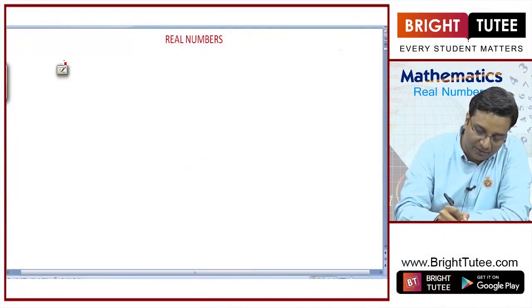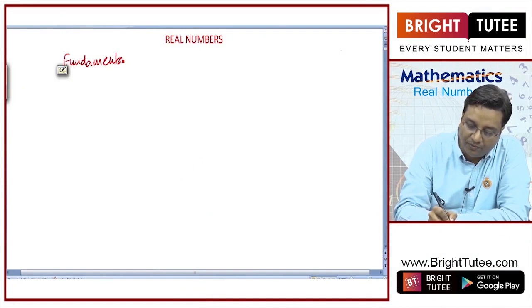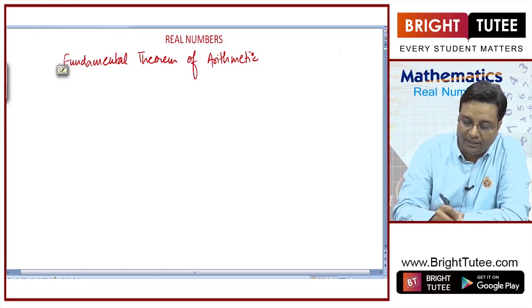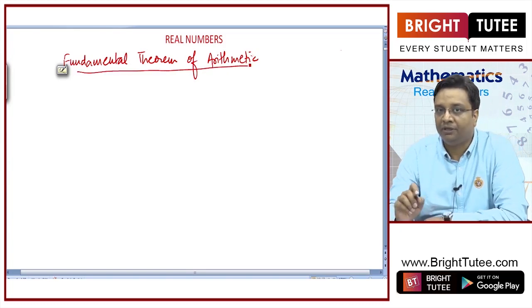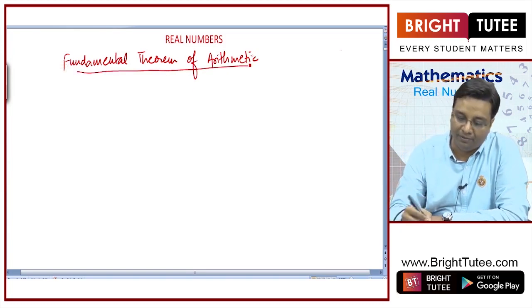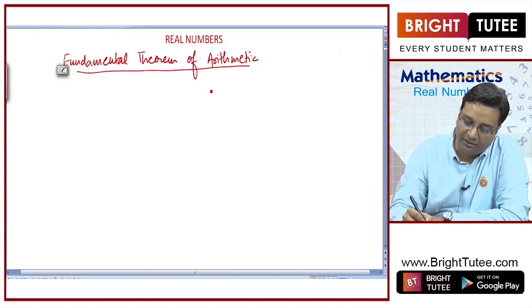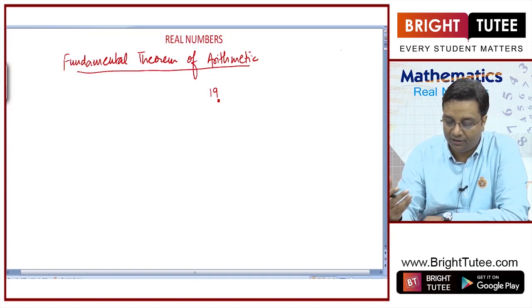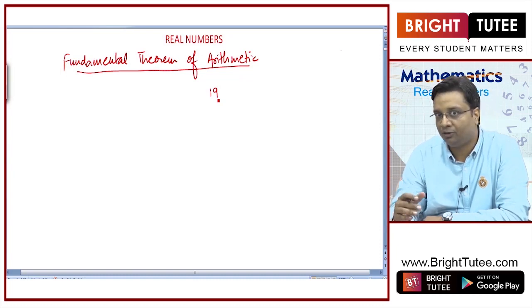Now we will talk about the fundamental theorem of arithmetic. If I give you any number, let us say a prime number like 19, we are already aware of the concept of prime numbers and composite numbers.